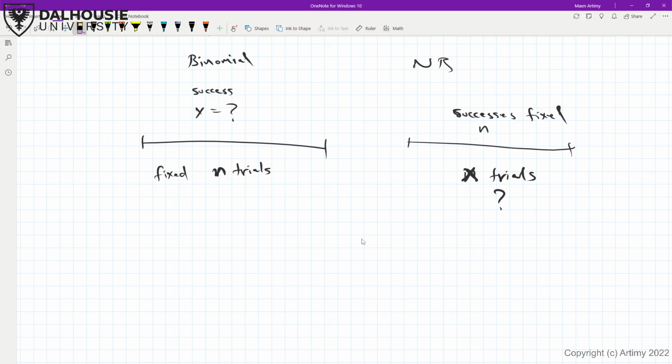For the binomial, X is the number of successes, which is the unknown, and n is fixed, the number of trials. In the negative binomial, the successes are known, and they are n, and the trials are the unknown or random ones, given by X.